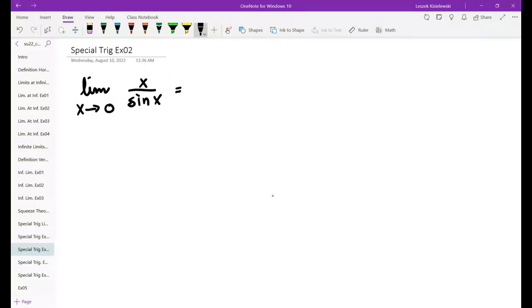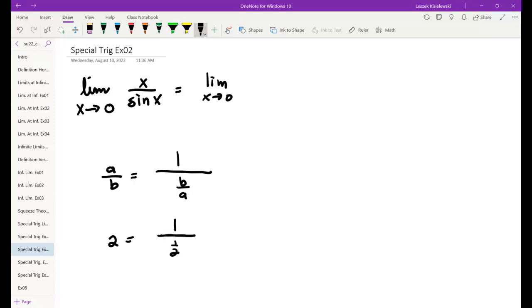Okay. This one's going to be quick and simple. So here, if you have a non-zero number, you can always write it as the reciprocal of its reciprocal. So for example, I can write 2 as 1 divided by a half. So I can take this fraction and just write it as the reciprocal of its reciprocal.